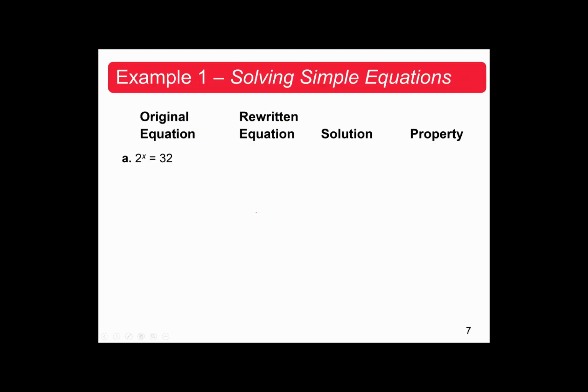Now let's first take a look at how we solve some of the exponential equations. First, 2 raised to x equal 32, and 32 is equal to 2 to the 5th. That means x equal to 5. Base are the same, then exponents must be the same.